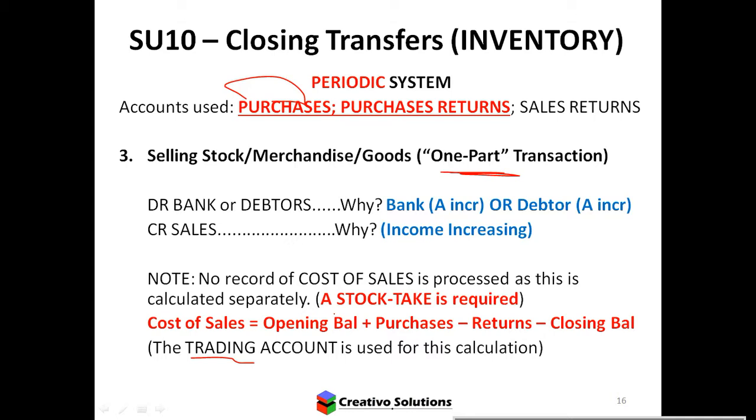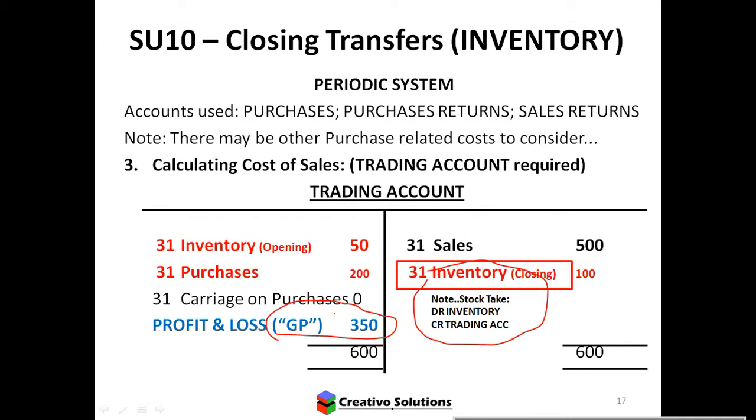So it's 150. Yes, good. 500 minus 150 is how much? 350. Yes. Okay, so go back to that page and jot that down: 500 minus 150 equals 350 profit.